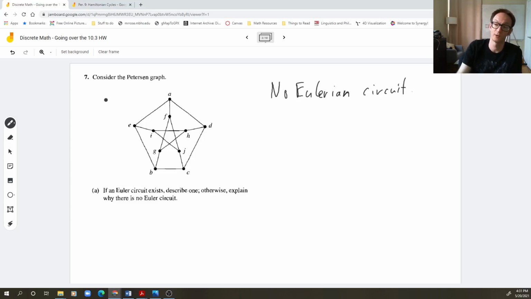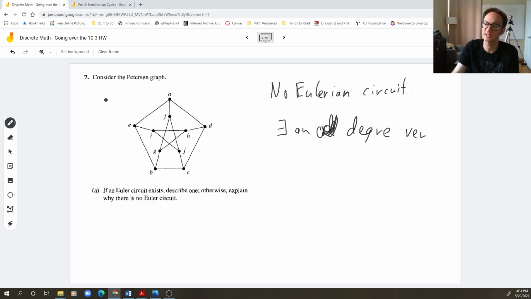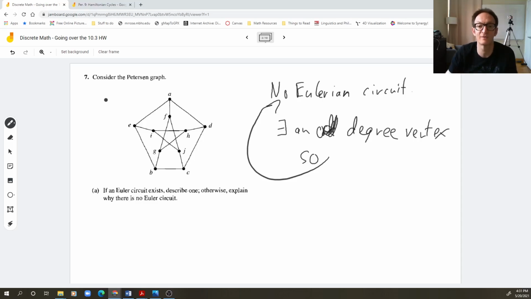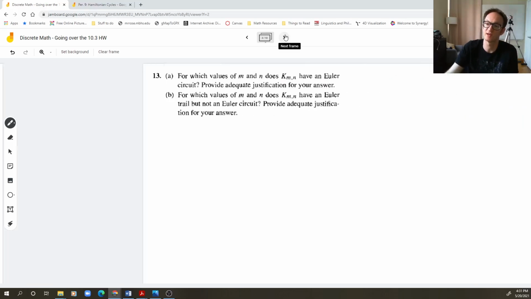And not only is it false that every vertex has even degree, but in fact every vertex of this graph has odd degree. So there exists an odd degree vertex in this graph, and so there is no Eulerian circuit. Okay, so that was kind of a dumb problem.